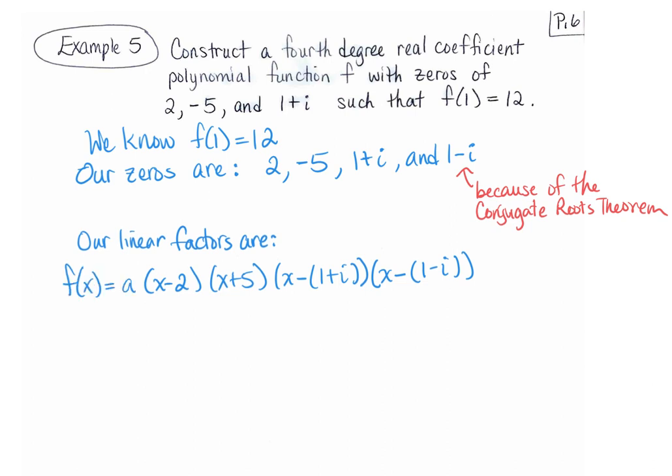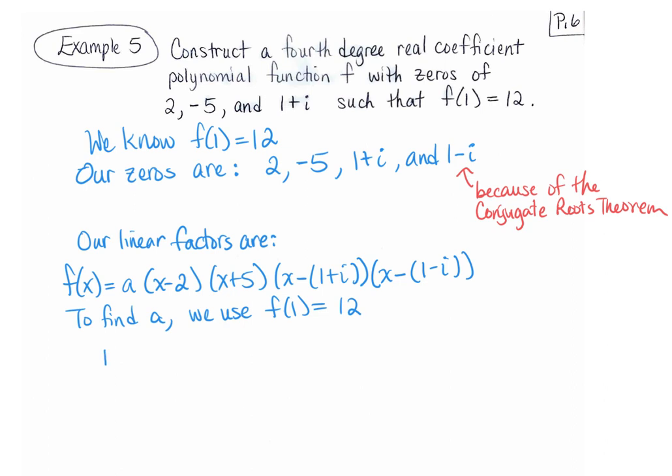So whatever f of x is, it's going to be a times those linear factors, because that's just generally how it is for a polynomial. The thing that's missing is we do not know what a is, right? But that's okay. To find a, we use the fact that we know f of 1 is equal to what? 12.